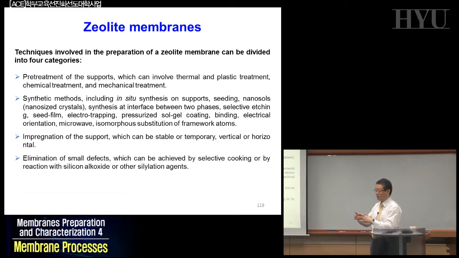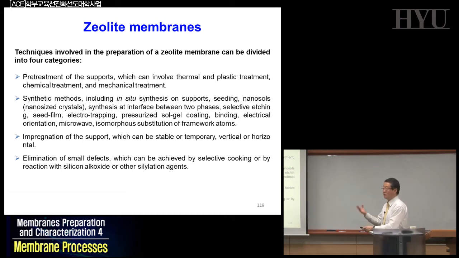If you're making just a flat sheet in A4 size or smaller, yes, you can make the measurement. You can say that the zeolite membrane has very good properties, very high performance, stuff like that. But the real application is really a different story.